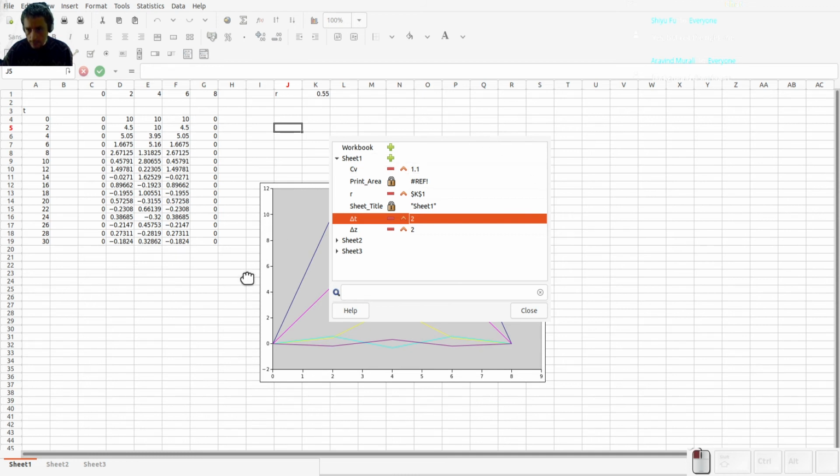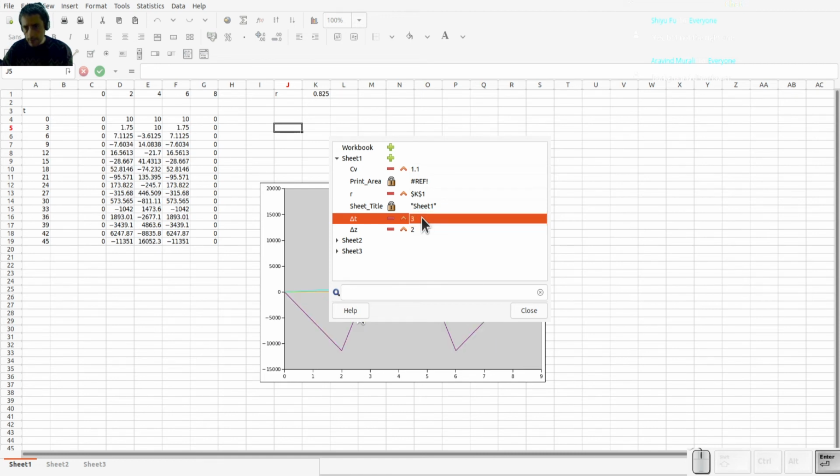Oh, that doesn't look right, that's very wrong, right? And if I were to increase that, it looks even worse.